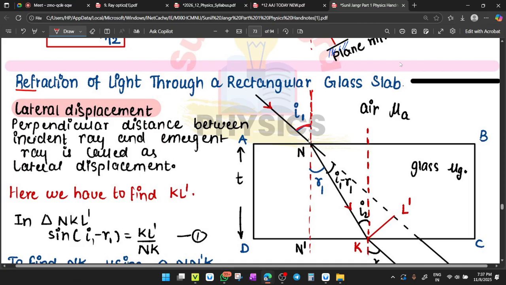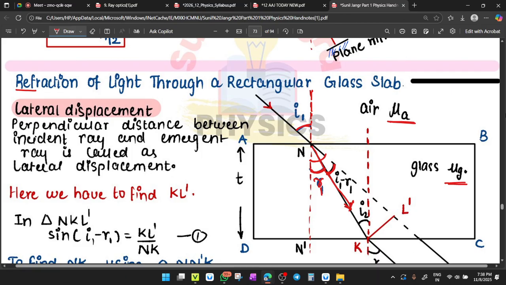Then, from rarer to denser medium, because the outside medium is air and the light is entering the glass, the refracted ray moves towards the normal and has an angle r1. Then definitely this angle will be i1 minus r1, because this whole angle is i1 and the smaller angle r1 is subtracted, so the remaining angle is i1 minus r1. Got it?